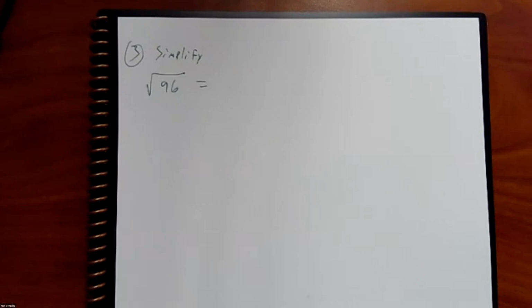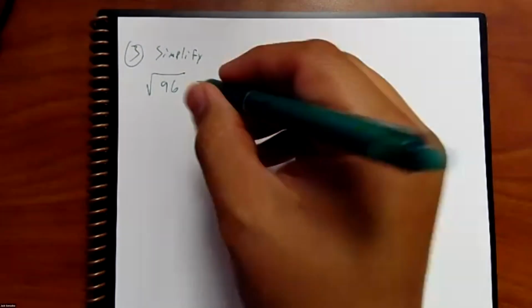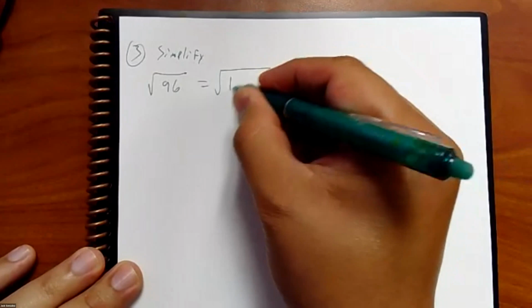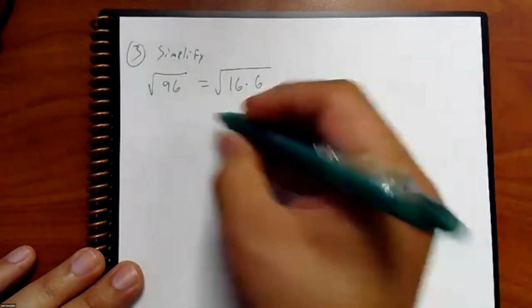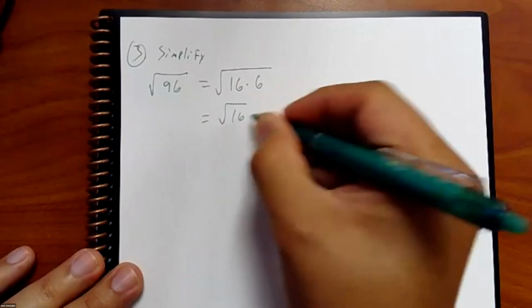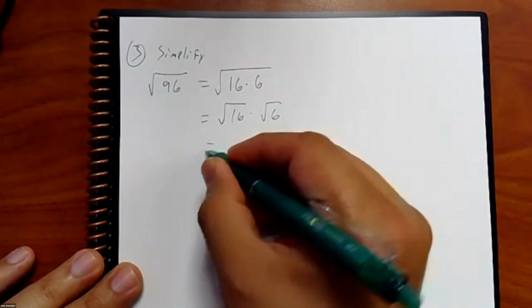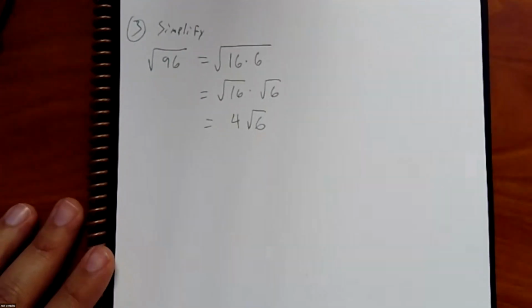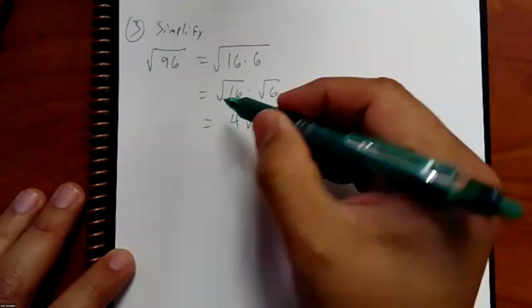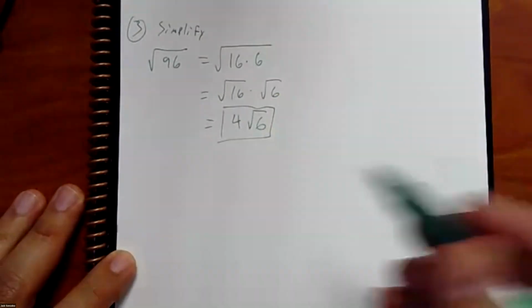Not 9. 16 does. Cool. You want to choose the biggest squared number that goes in. So square root of 16. And you get 4√6. So completely reduced and simplified. Any questions on number 3?